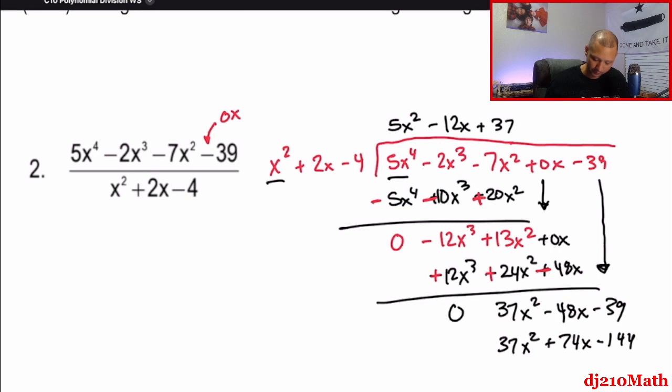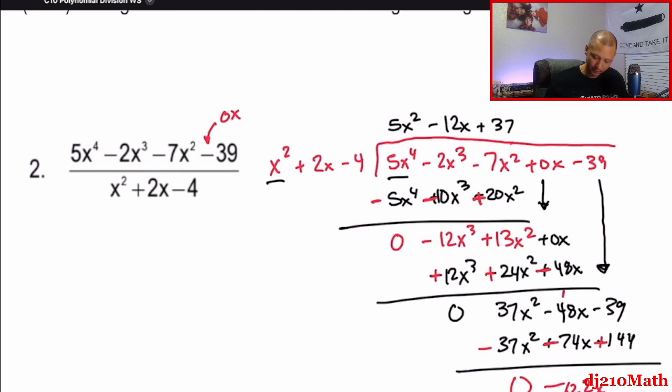Flipping the signs, we're going to get minus, minus, plus. So 0. This is going to be negative 48 plus 74 is negative 122x.